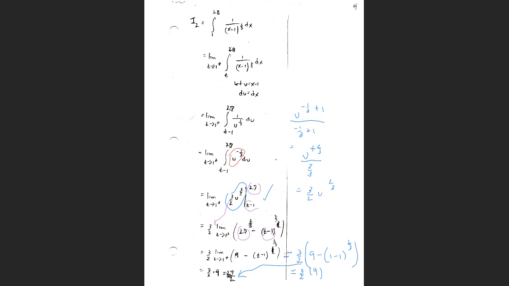Okay, Jingsun, you're getting 12. How did you get 12? That's correct. Good.